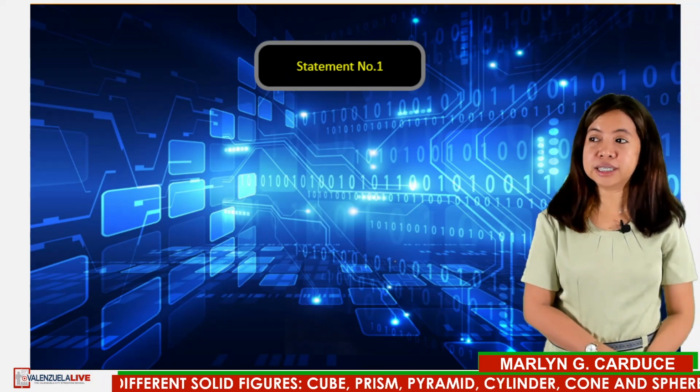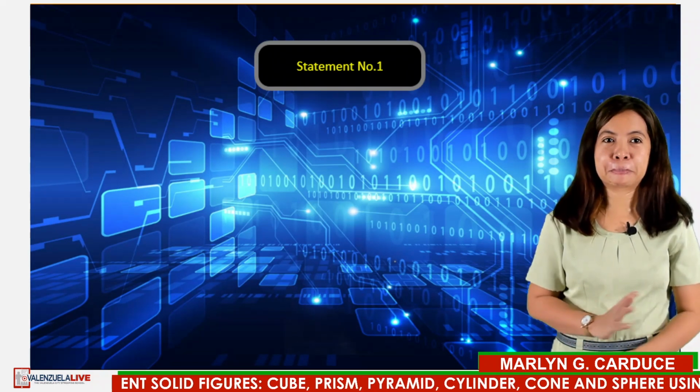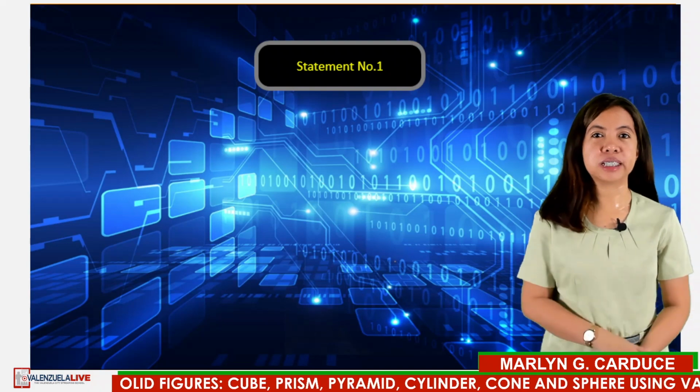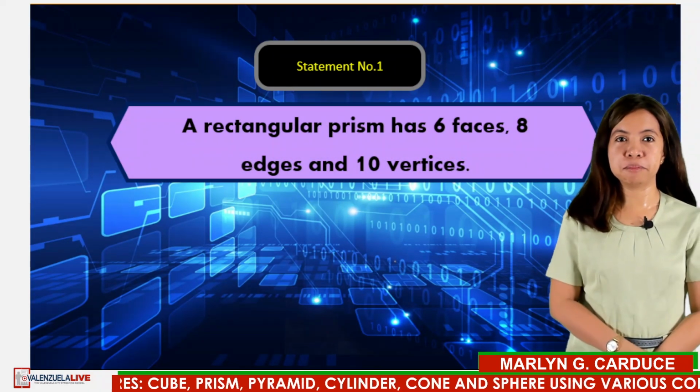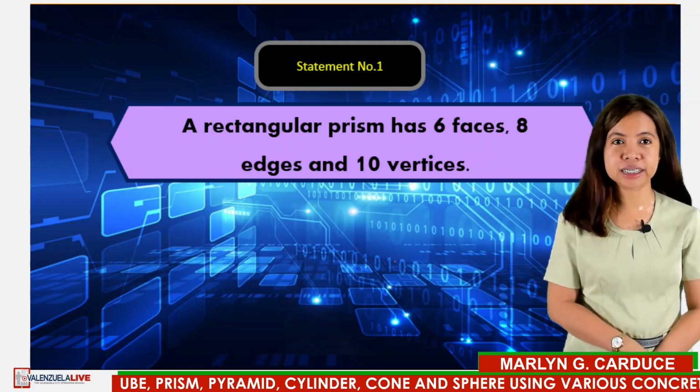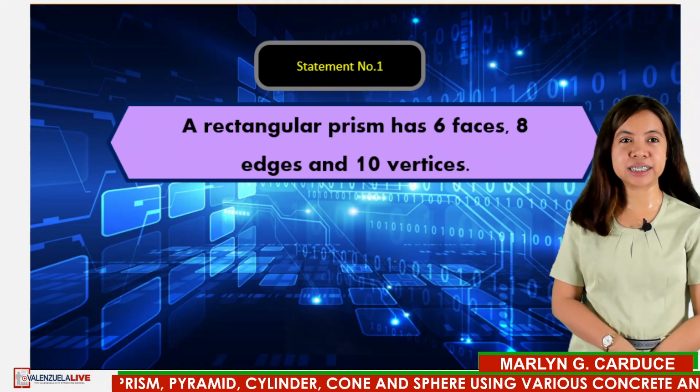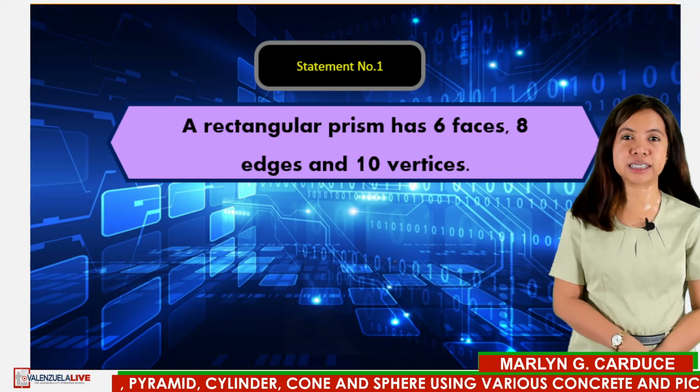Okay, for our first statement, a rectangular prism has 6 faces, 8 edges, and 10 vertices.